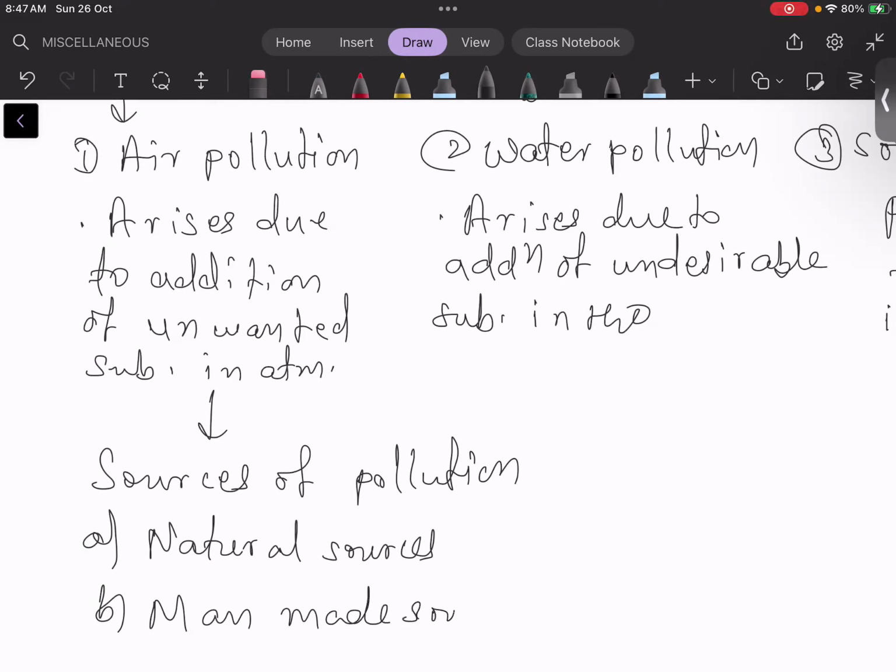Man-made activities also lead to air pollution.